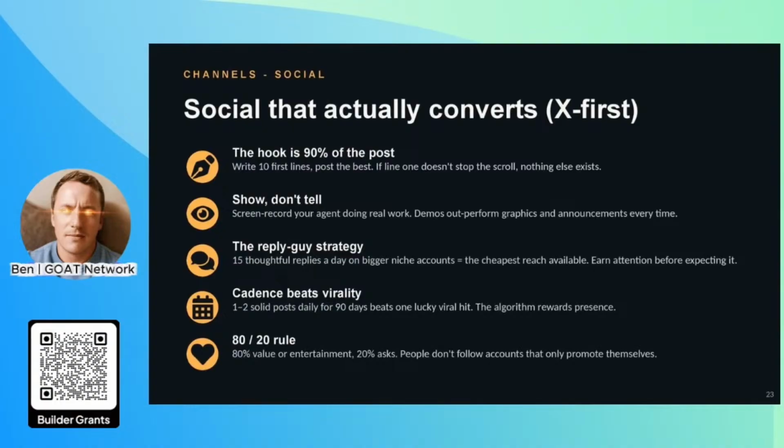Another point in this social part is the reply guy strategy. That's 15, 20 thoughtful replies a day on bigger accounts in your niche. We covered this earlier, but it's easy to overlook. It's very simple, it's unglamorous, but it's the cheapest way to buy reach on the platform.